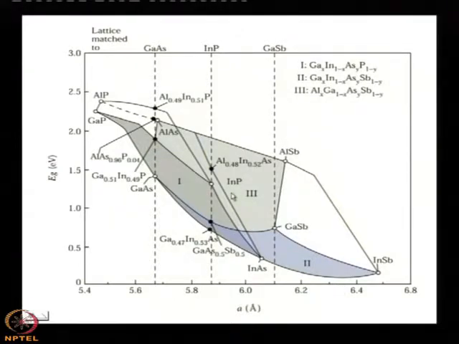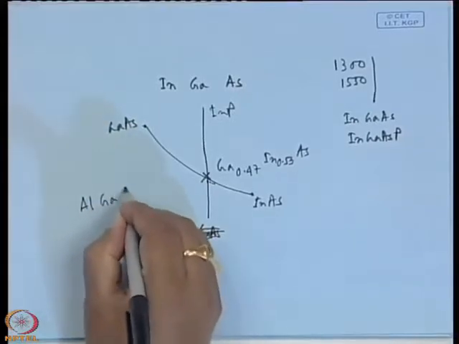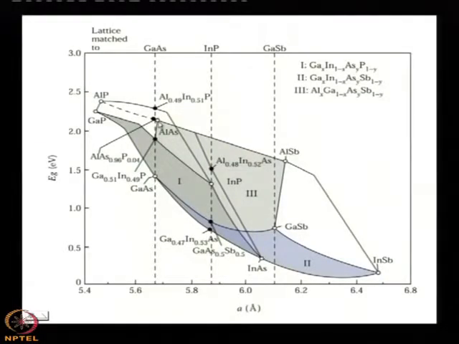Another very important example is gallium arsenide and aluminum arsenide. If you take aluminum gallium arsenide, what you find? The lattice constant of gallium arsenide and aluminum arsenide is almost same. That means you can grow any composition of aluminum gallium arsenide on gallium arsenide substrate, right?